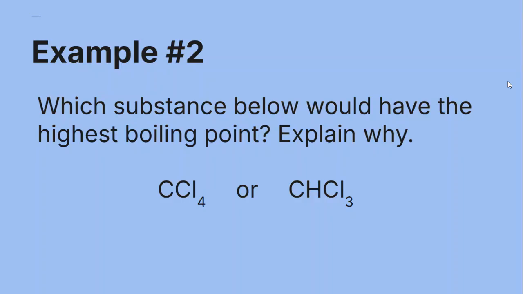Each of the carbon-chlorine bonds is polar. However, hopefully you remember tetrahedral molecules have symmetry, which means all those polar bonds cancel out, making CCl4 non-polar. That means that the only IMFs that CCl4 can form are LDFs.